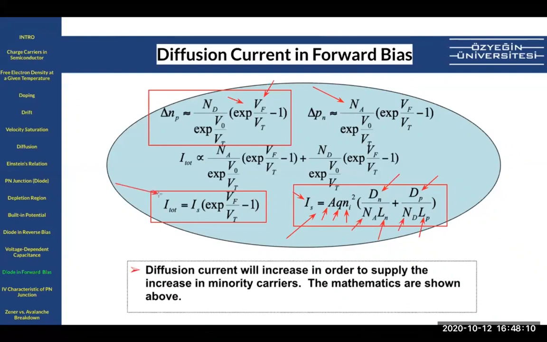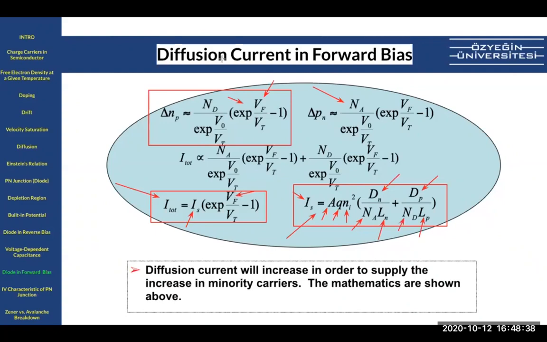And then when we calculate the total current, we realize that it's a function of that saturation current, which means the diffusion current in forward bias is a highly dependent function of that semiconductor, times a highly dependent function of the applied voltage.